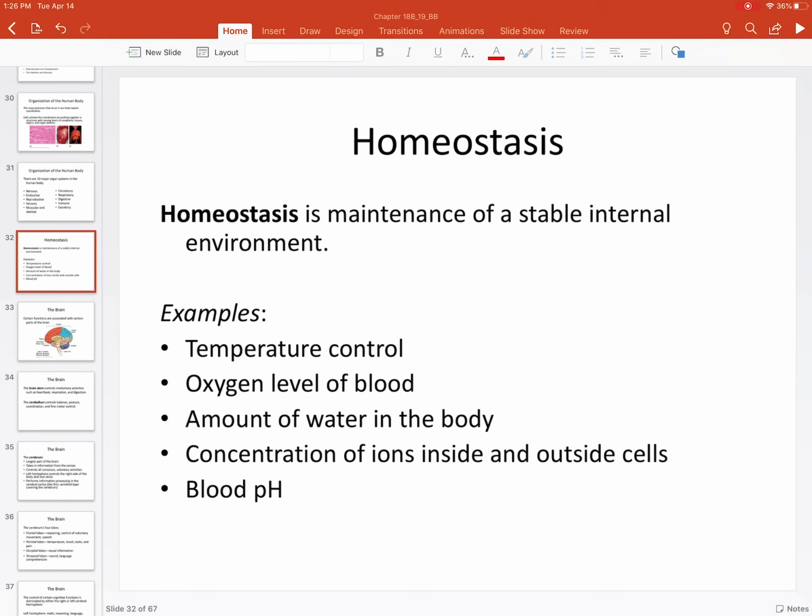So homeostasis is what your body desires. It's the maintenance of a stable internal environment, and anything other than homeostasis is disease, whether that's a virus, bacteria, cancer, or a fungal infection, or any sort of deviation from normal is not being at homeostasis. So some examples of what homeostasis looks like to us is temperature control.